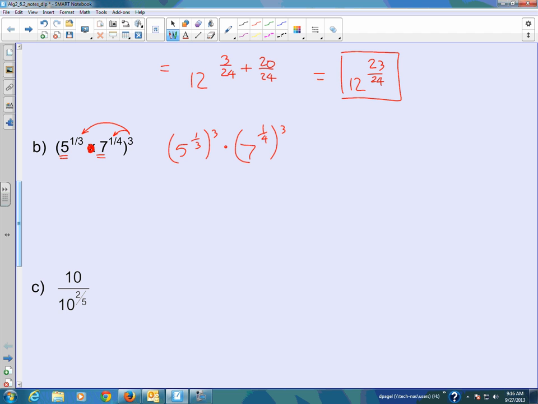Now I'm just raising 1/3 to the 3rd and 1/4 to the 3rd. That gives me 5 to the 3/3, or 5 to the 1st power, times 7 to the 3/4 power. It might be tempting to multiply that 5 and that 7 together, but because they are different bases, I am unable to do that. So my answer is 5 times 7 to the 3/4 power.